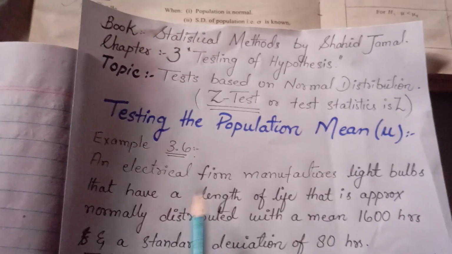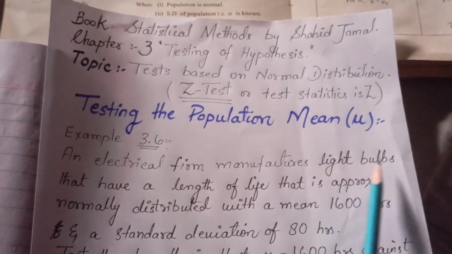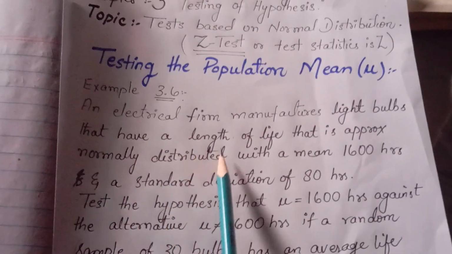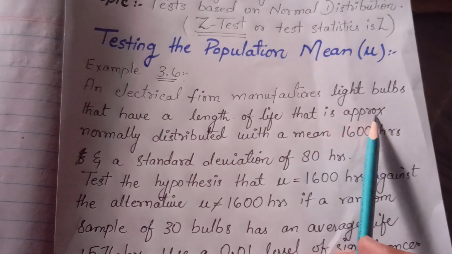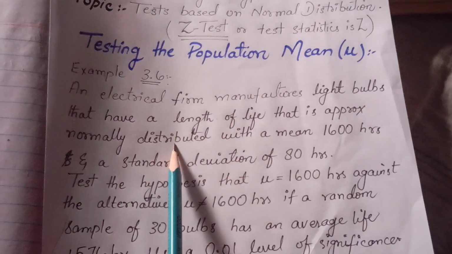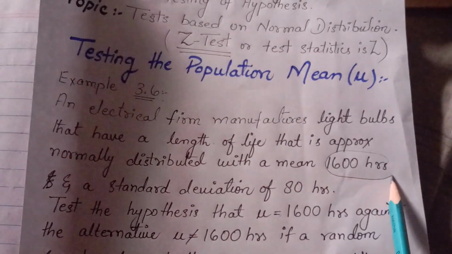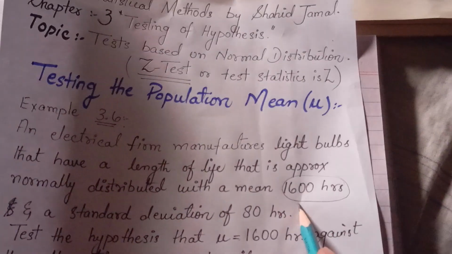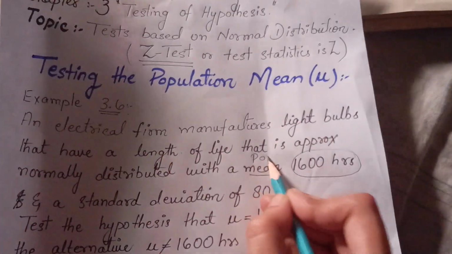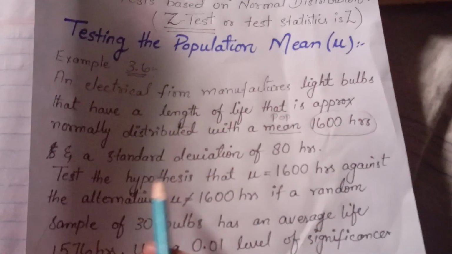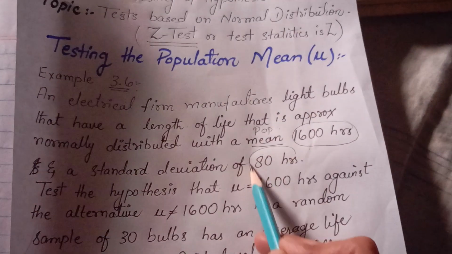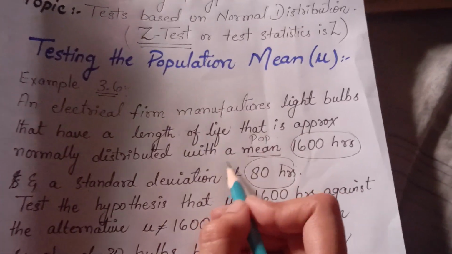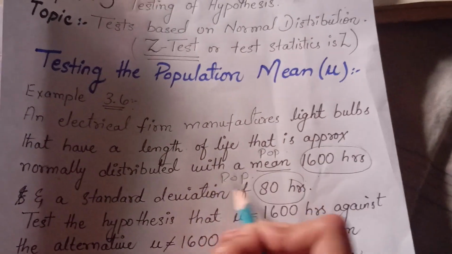Example 3.6. An electrical firm manufactures light bulbs that have a length of life that is approximately normally distributed with a mean of 1600 hours, that is the population mean, and a standard deviation of 18 hours, that is the population standard deviation.